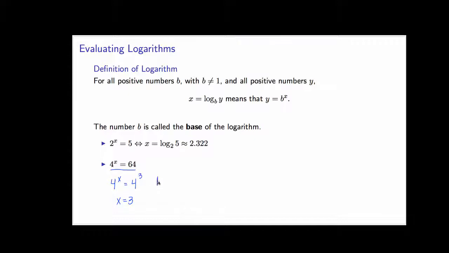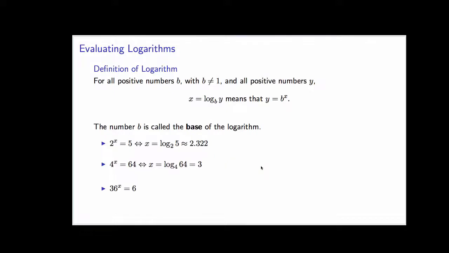Here our base b is 4 and our y is 64. So this is going to give us the logarithmic equation x is equal to the log base 4 of 64, and we've already seen that x is equal to 3 because we know that 4 cubed is equal to 64.